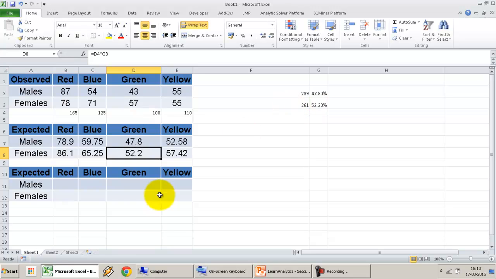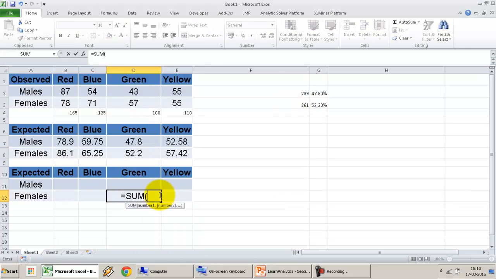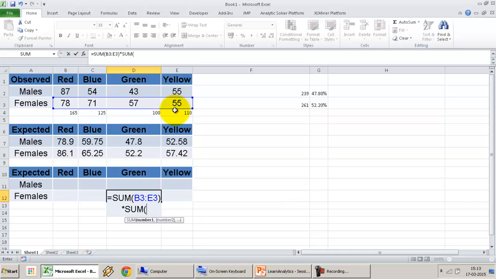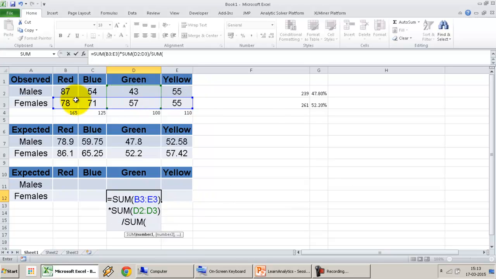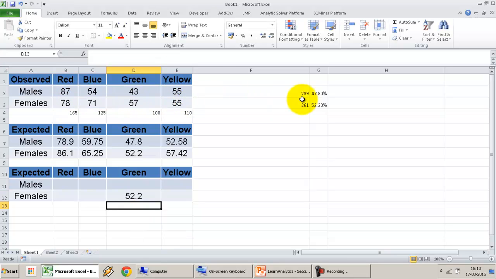So I calculate the row total for Green House females, I multiply this with the column total of all students in Green House, and then I divide this by the full total of the students in this school, which is 500, and I should get 52.2. So this is the expected frequency for Green House for females.